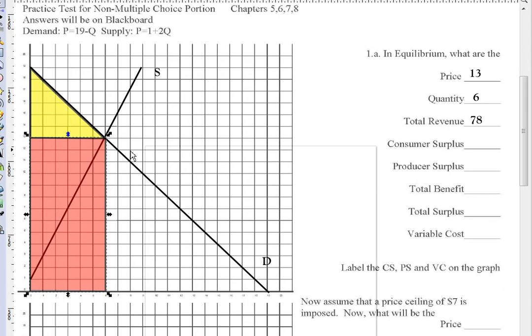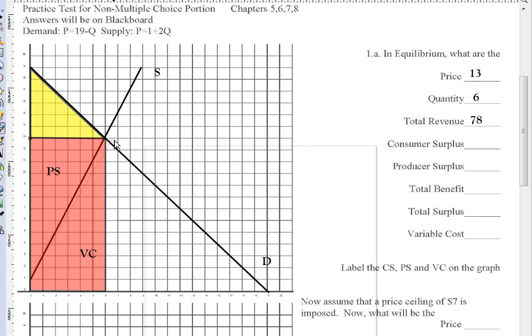Producer surplus, remember the area under the supply curve is the variable costs. So let me label that, variable costs. And then up here is the producer surplus. And so let me color in the producer surplus, and let's see if I put yellow up on top of it, it should make it orange.